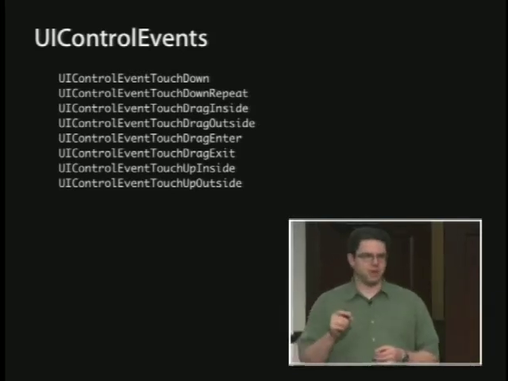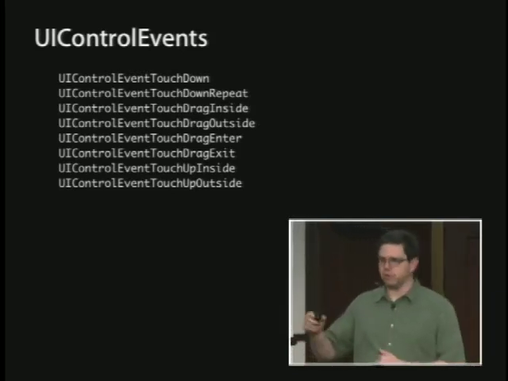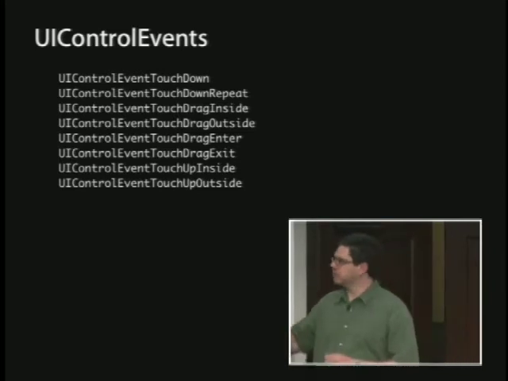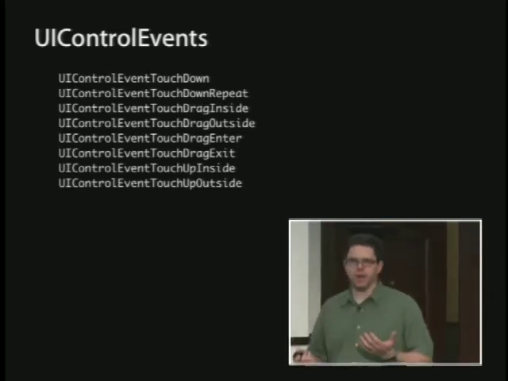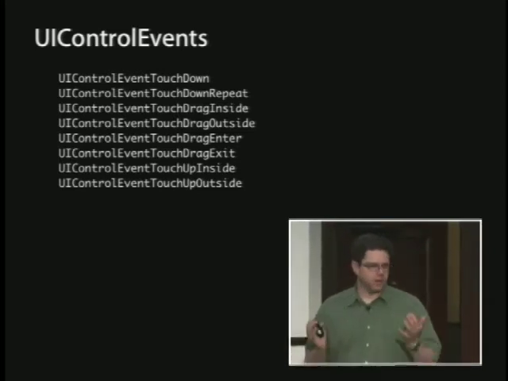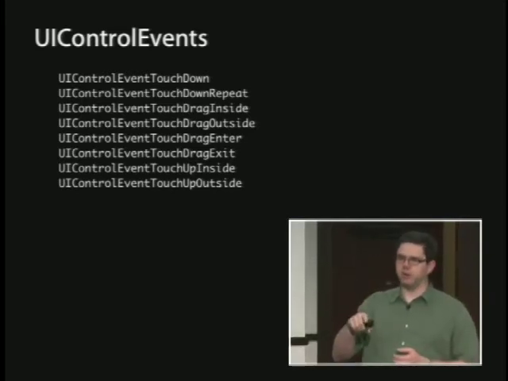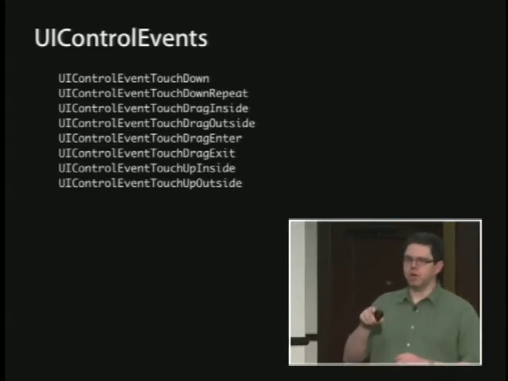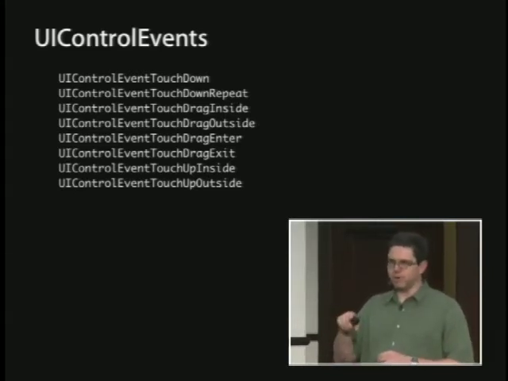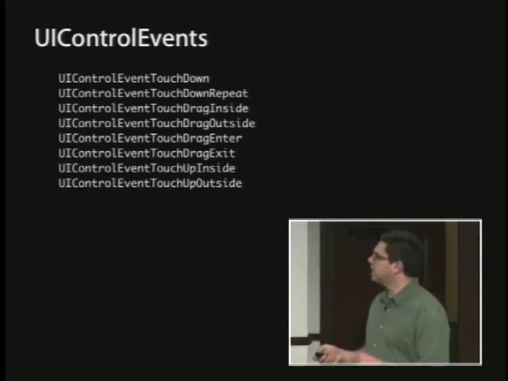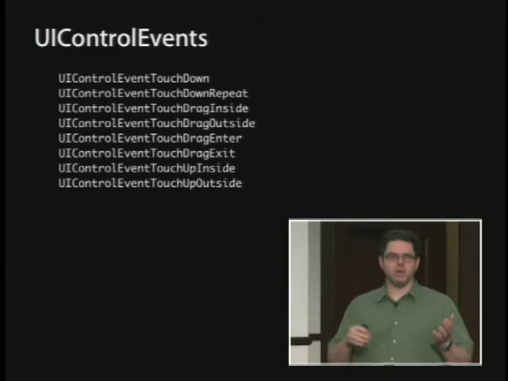When the user taps on it, you want to do something. All you have to do is set up an action associated with the touch up inside control event, and your action will get called when they tap on the button. If they do something like press and hold on the button and move out and lift, you won't see anything. If you press and hold and move out and in, back and forth, but finally lift inside, you will see it. And you don't really care about what's happening with the touch in the middle.